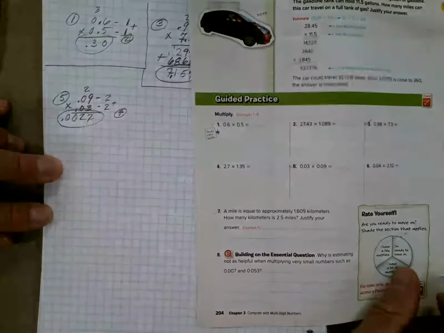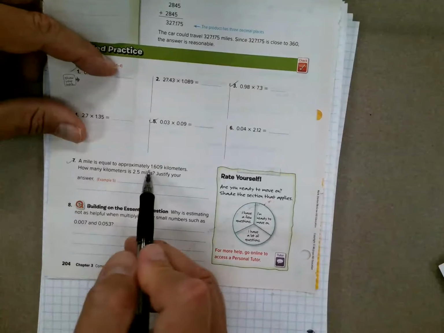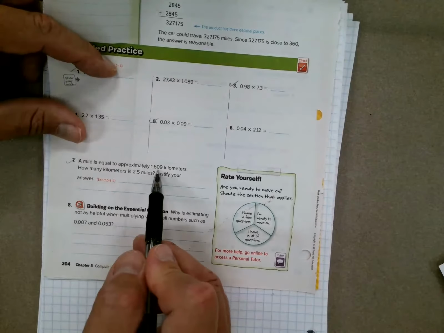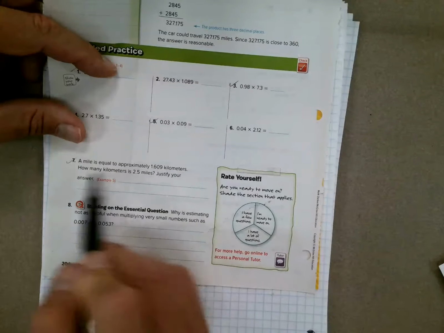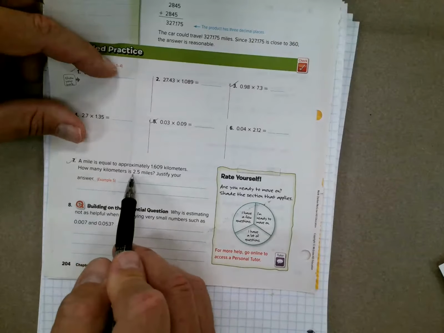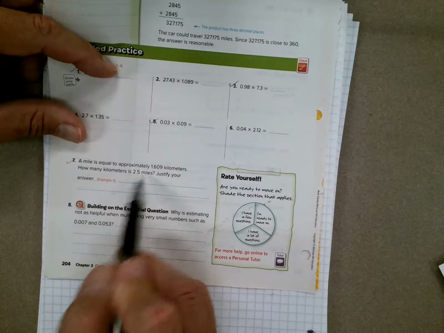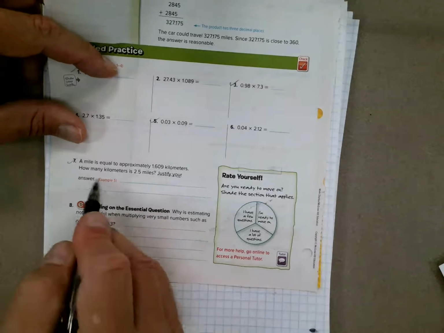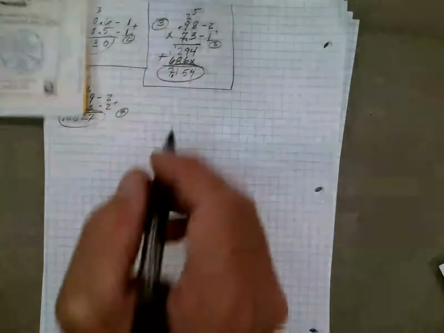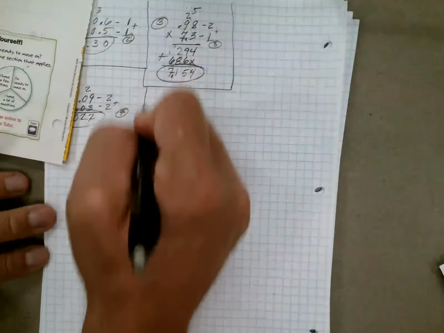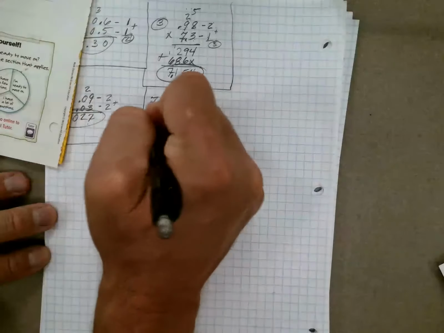All right. Let's take a little peek at number 7. A mile is equal to approximately 1 and 609 thousandths kilometers. How many kilometers is 2.5 miles, or 2 and 5 tenths miles? Justify your answer means show your work. I'm going to go back to the graph paper. Let me box off number 5, and we're going to put 7 right here.